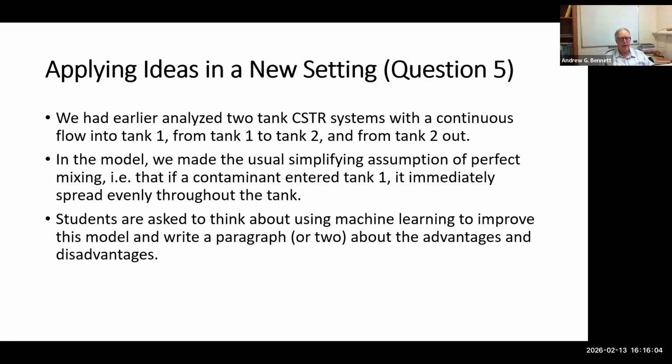And we can look at their paragraphs and say, did they recognize I'm going to have to find data on where the contaminant is in the tank at different points? I'm going to have to set this up, and now it's going to be more complicated, and I'll have a spatial component, and my gosh, how long is this going to take me? And how much better is it going to be?